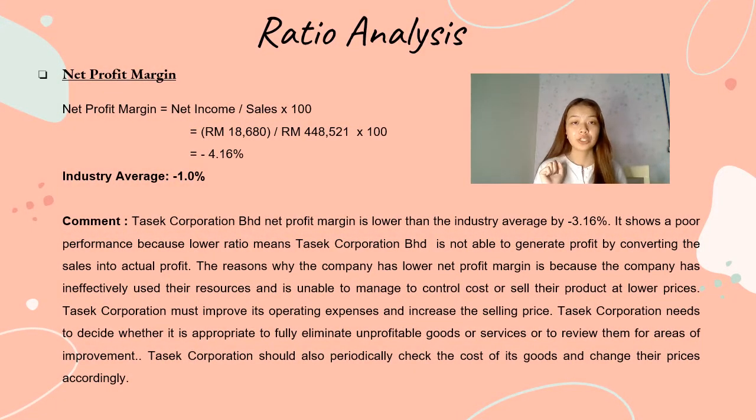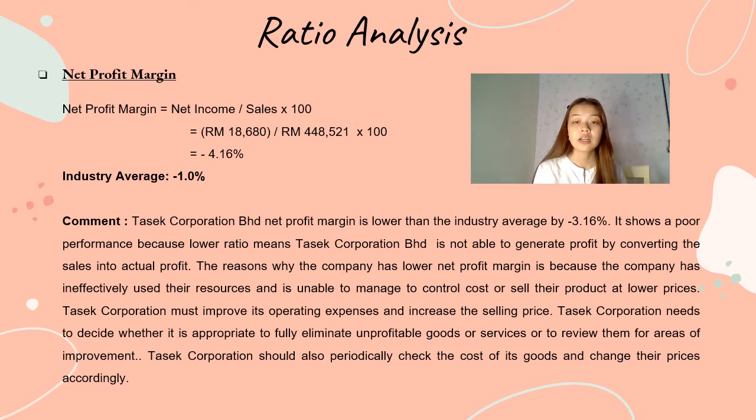Thirdly, we go to net profit margin that is used to calculate the percentage of the profit they earn each time they receive revenue. The formula to calculate net profit margin is net income divided by sales times 100%. The net profit margin of the company is negative 4.16%, while the industry average is negative 1.0%.